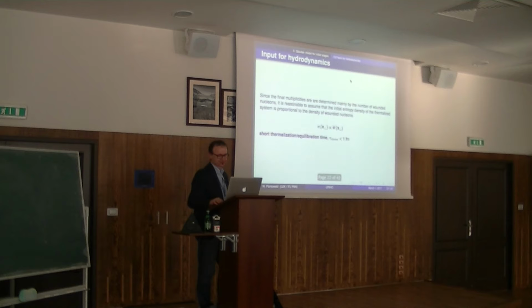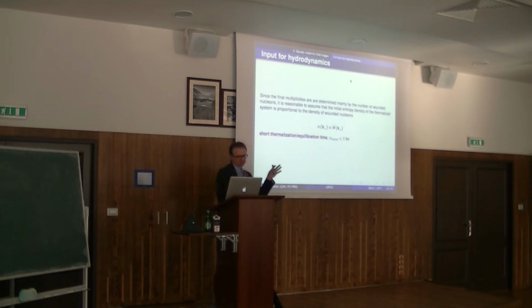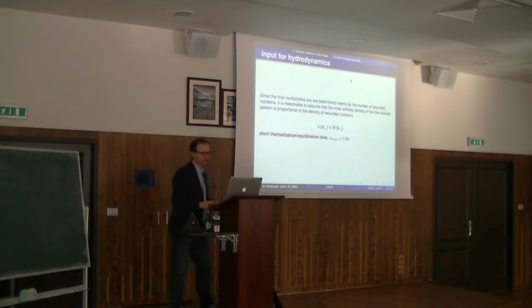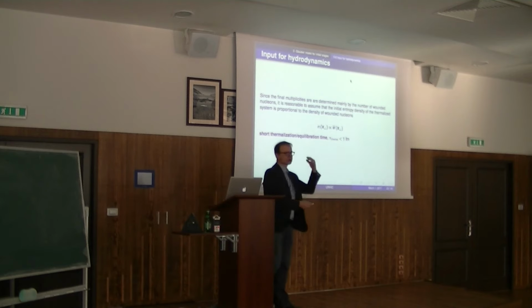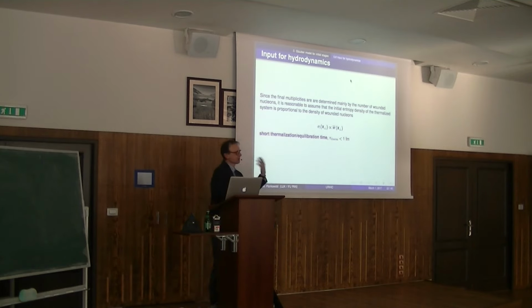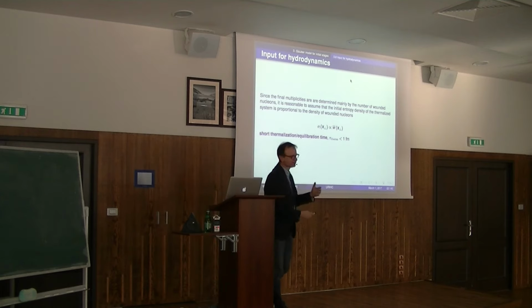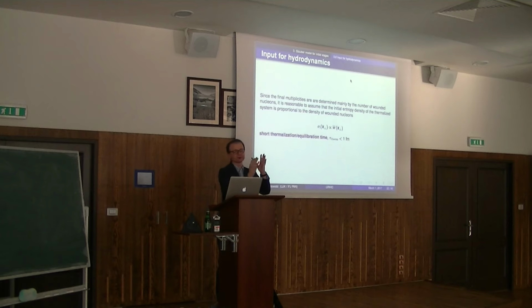So this is a general setup which is related only to the geometry. And now coming back to hydro. There is the observation that the production of particles is proportional to the number of wounded nucleons, so you can calculate the density of wounded nucleons in the transverse plane and use it as the input for hydro.